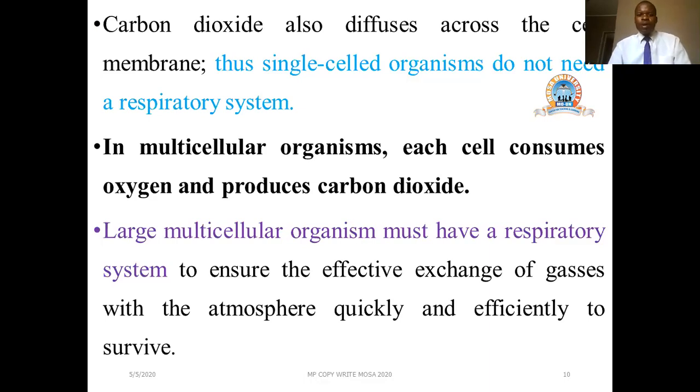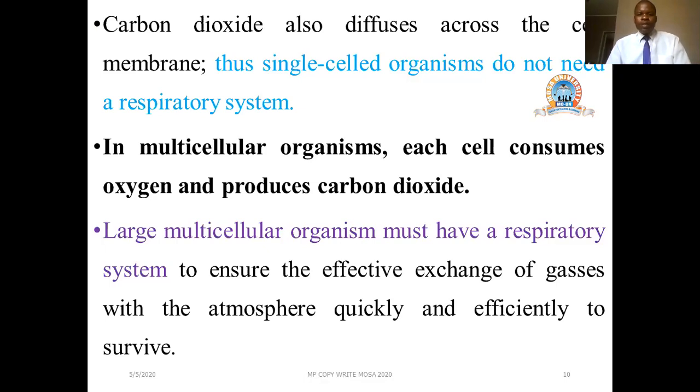But in the multicellular organism, once the cell receives oxygen, the chemical reactions the cell undergoes produce carbon dioxide.